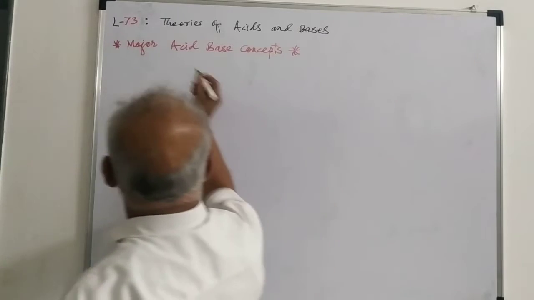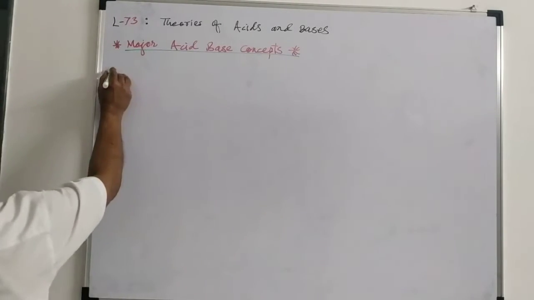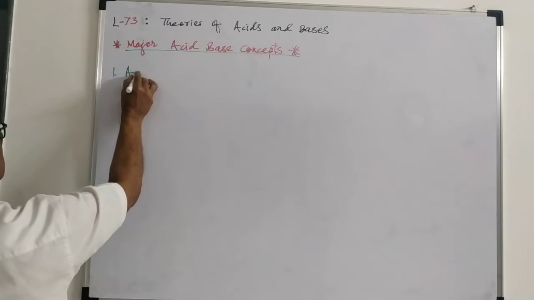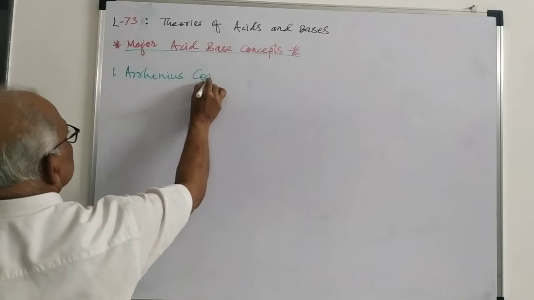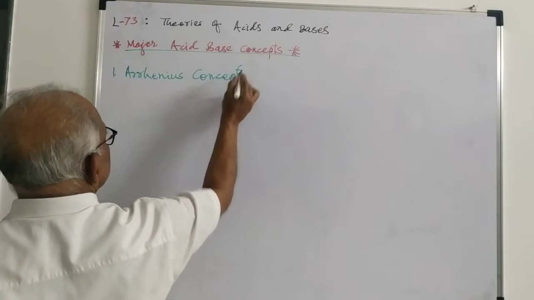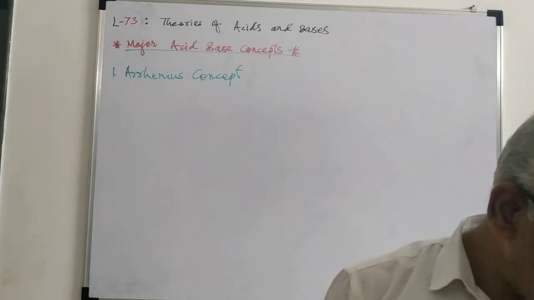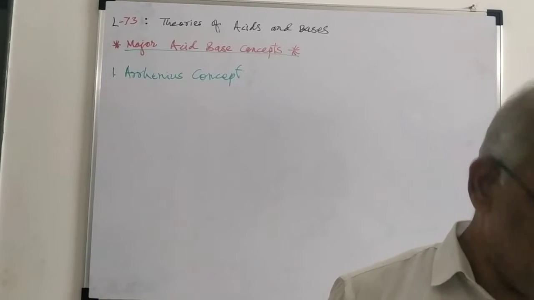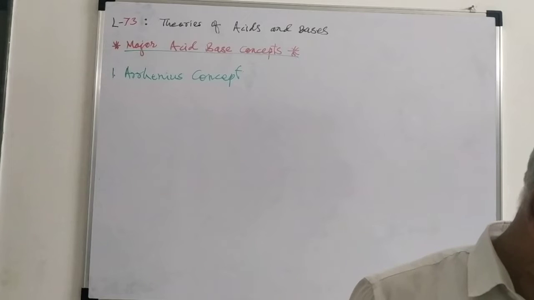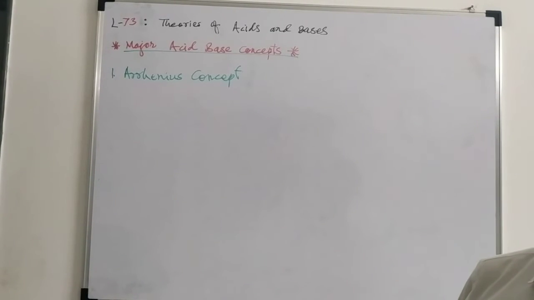First, the Arrhenius theory, the Arrhenius concept. This concept was proposed earliest in 1894, as we have seen last time.